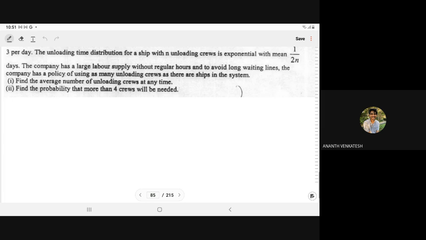The number of counters is limited, but the server is the customer himself, so it is like self-service with finite service. In that we have a different modeling that will not come under self-service. It is a mix of self-service plus a limited service facility.